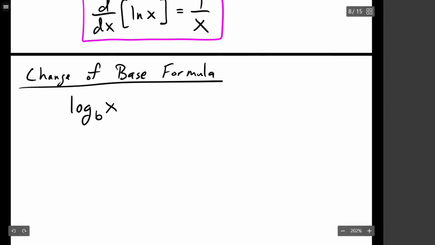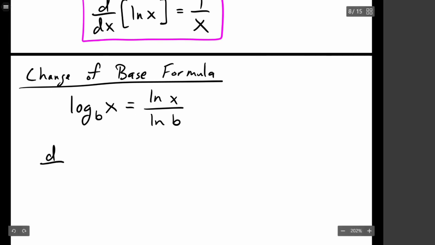So log base b of x, we can actually write this as ln of x over ln of b. Now this might not be obvious to you, and I don't blame you at all. If you're interested in why that's true, go look it up.